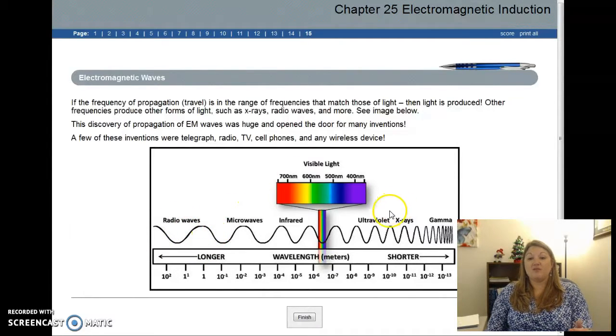If it's produced at high frequency, we may be up here in the X-rays and gamma rays. All of this is light. It just depends on how fast that wave is moving, the frequency of it. But, bam, it's endless possibilities with electromagnetic induction.